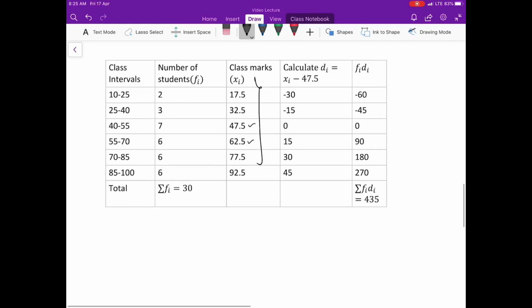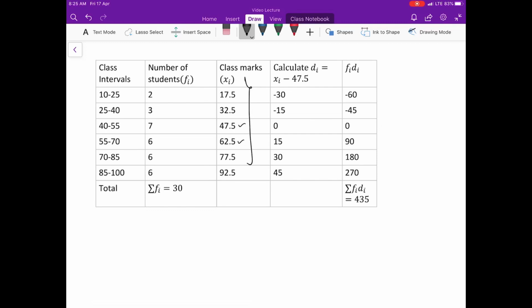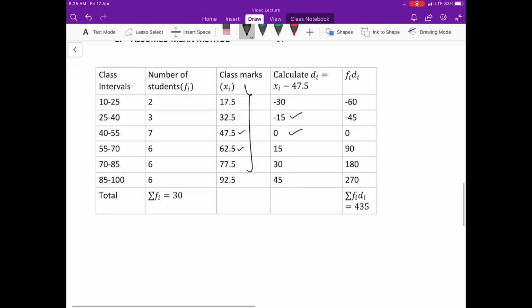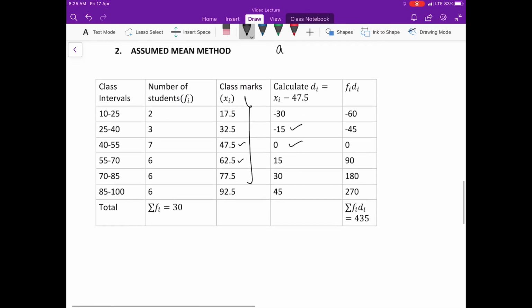For this we have to calculate di, xi minus 47.5, where xi is this observation. So 17.5 minus 47.5 is minus 30, 32.5 minus 47.5 is minus 15, 47.5 minus 47.5 is 0. In this way you have to calculate di.